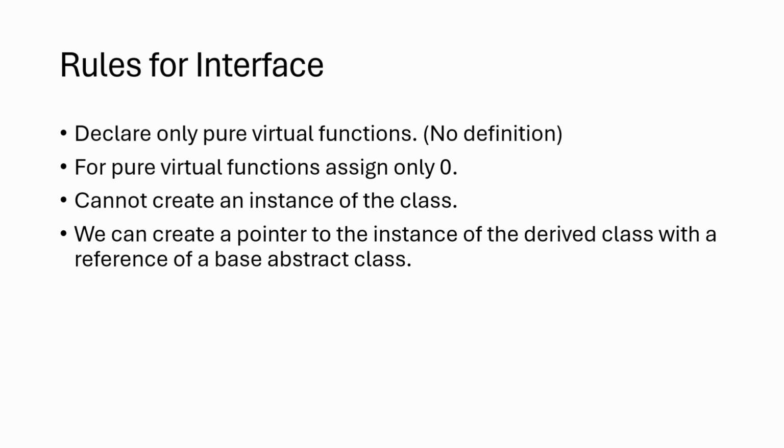So all of the methods equal to 0. And you cannot create an instance of an abstract class, right? Because the compiler is not going to know the implementation of the virtual functions. We can create a pointer to the instance of the derived class with a reference of a base abstract class. So pointers can be used, right? But the pointers are really going to be pointing to the derived class.